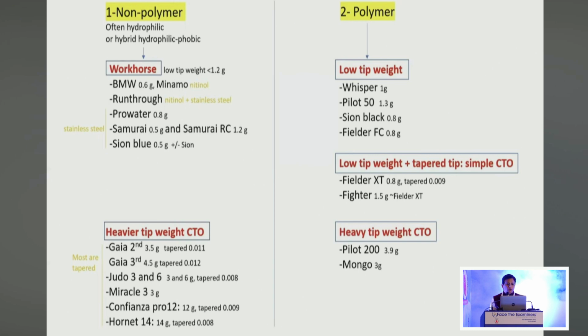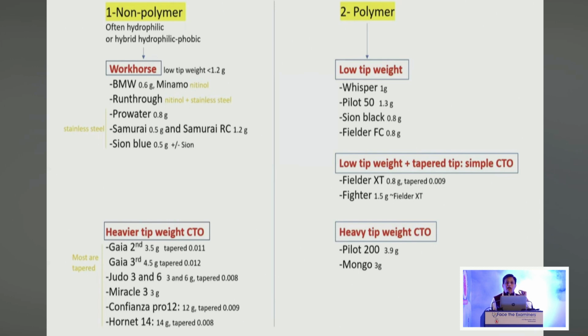Before I really go on to the low tip weight, I don't want to go through too much on the CTO wires, but again, the Gaia series is the one which all of you must be aware of. Gaia is the one often spoken of in all the meetings whenever there are CTO cases, where the thing is, it is 3.5 gram and tapered. That's the important thing.